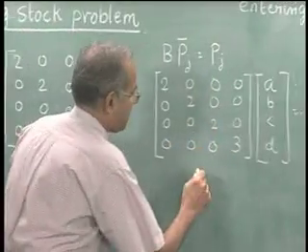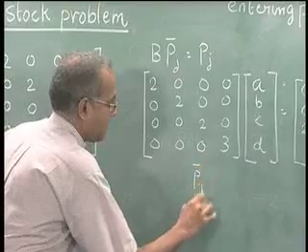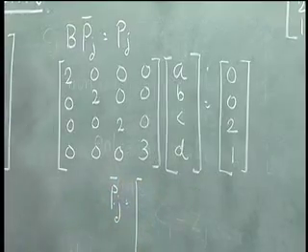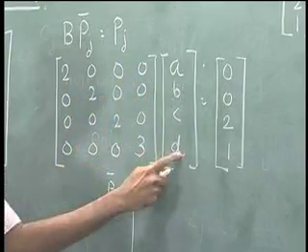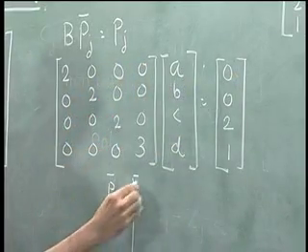Now, from this we can compute: 2a plus 0b plus 0c plus 2d equal to 0. Therefore, a is 0.